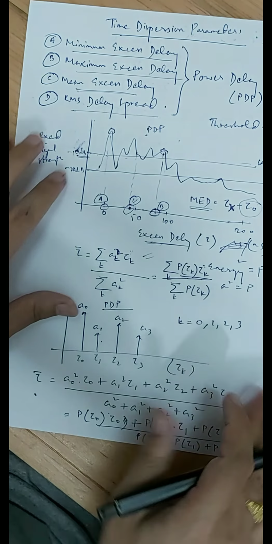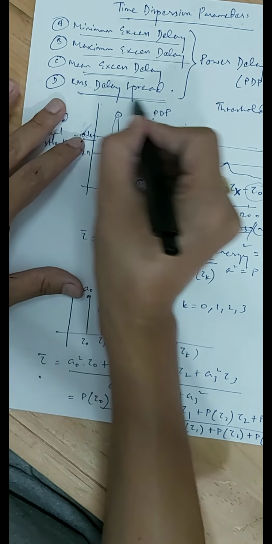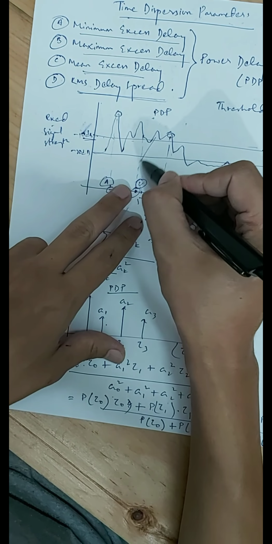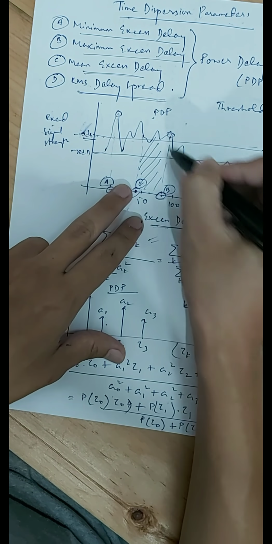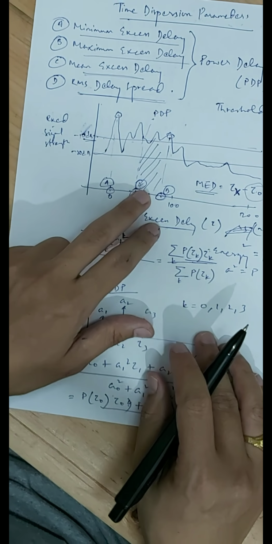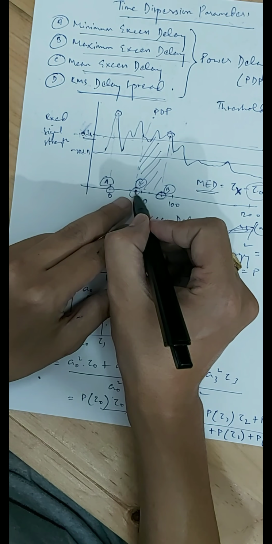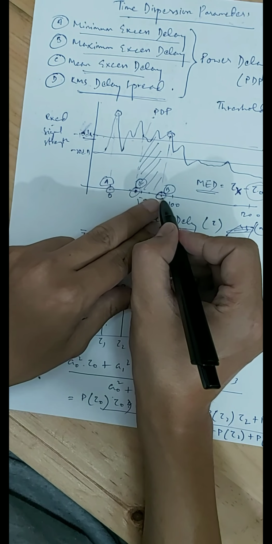So in this case, let's say your RMS delay spread is this region, which is between your mean axis delay and your maximum axis delay.